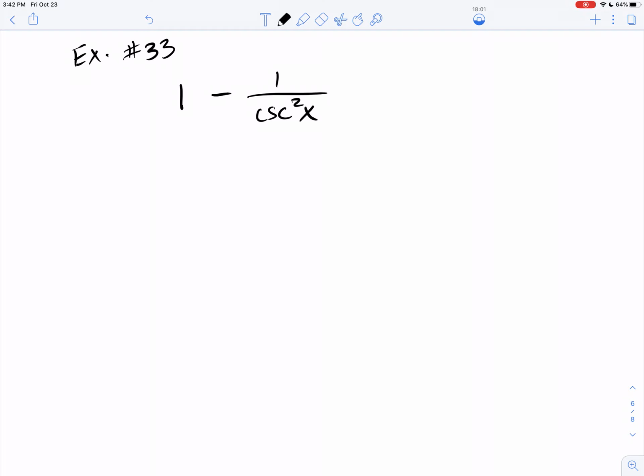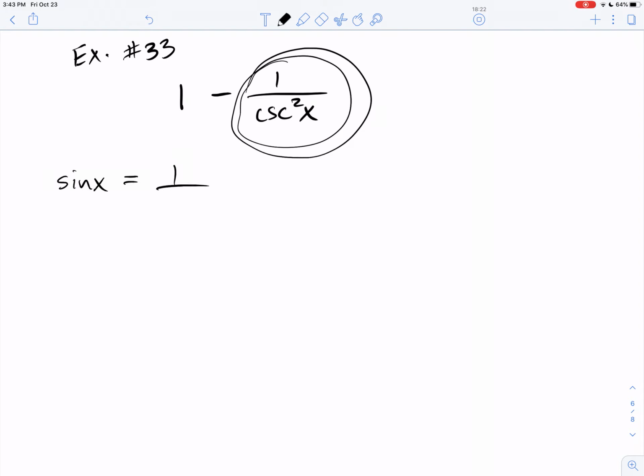While I'm looking at this, that guy right there is sine squared x. When we went through the very first video, we know this. Sorry, I did that backwards.